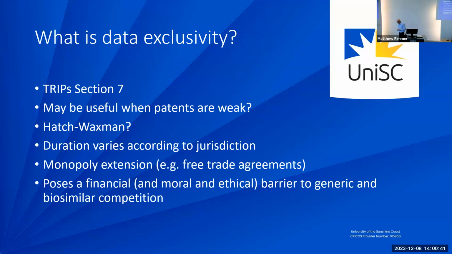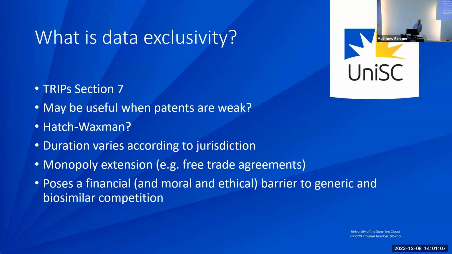Some say that data exclusivity is mandated in TRIPS Section 7. There's not universal agreement on that, but let's just say it does. They may be useful if pharmaceutical patents are weak in protecting that pharmaceutical, but then the question that applies is, if the patent's weak, should we be protecting it at all? Don't know.